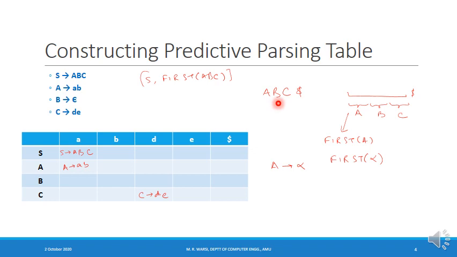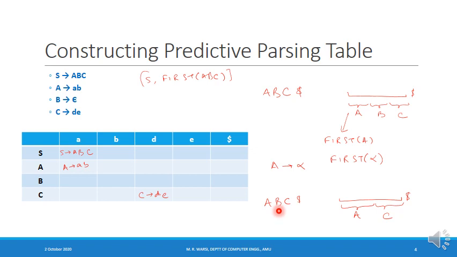The implication is that if I have in the stack ABC dollar and I have something in the input buffer, and capital B is deriving epsilon, this string can be broken into two components: the first component which is derivable from capital A, followed by the component which is derivable from capital C, because capital B is deriving epsilon. So when I expand capital B to epsilon, what will be the next input symbol?